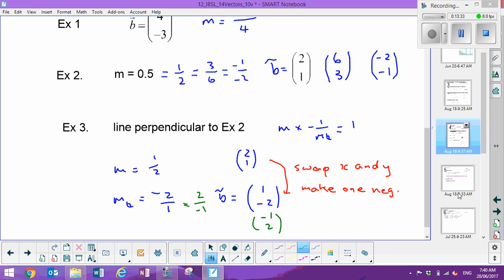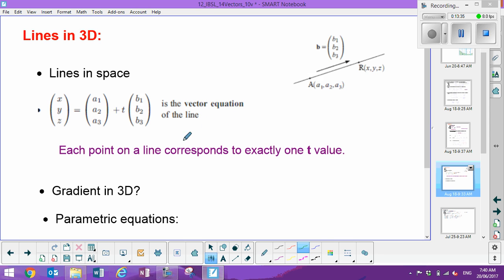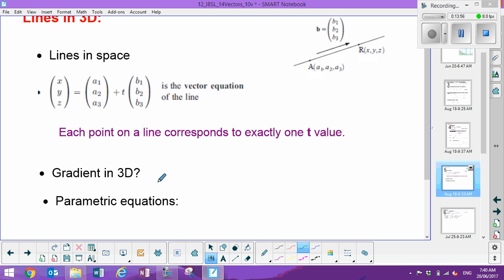If we're into 3-dimensional, all we do is have that extra component here. We still have our general point x, y, z to find a point R on the line. We have our starting point A1, A2, A3, and our direction vector B1, B2, B3 times our parameter. Again, each point on the line is defined by one t value.